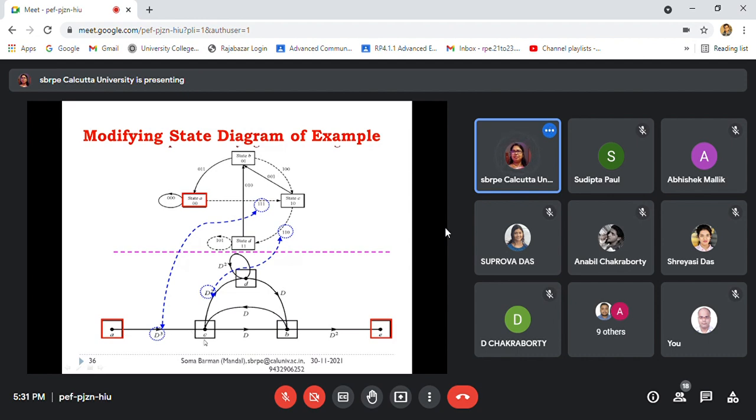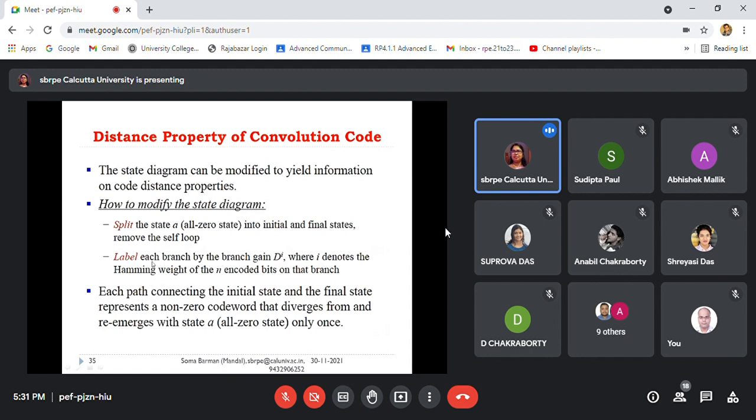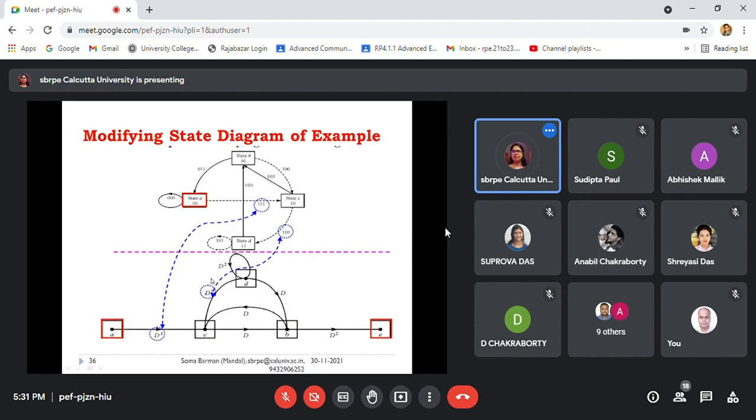And what is this circle over here? This is the second label: each branch is labeled by the branch gain d to the power i, where i denotes the Hamming weight. Clear? So this is the branch gain. It depends on the Hamming weight of the branch word.